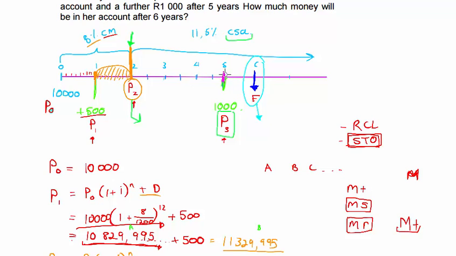I know the value at this point, how much I have in the bank. I want to know the value at that point. You just calculate, but what happened in this year? What's the only thing that happened throughout that year? It only got interest.